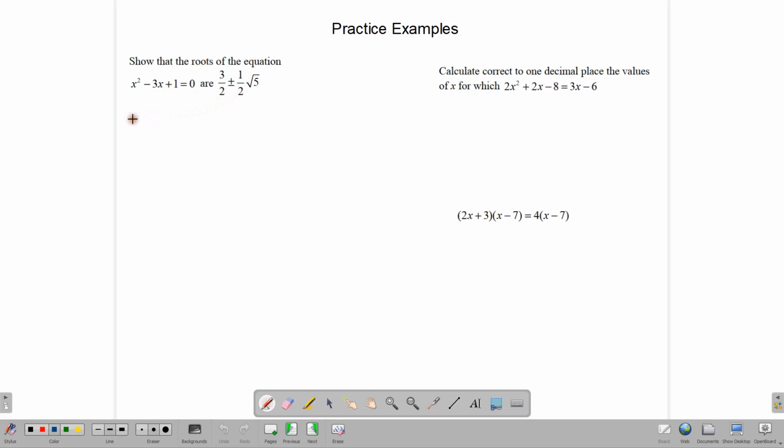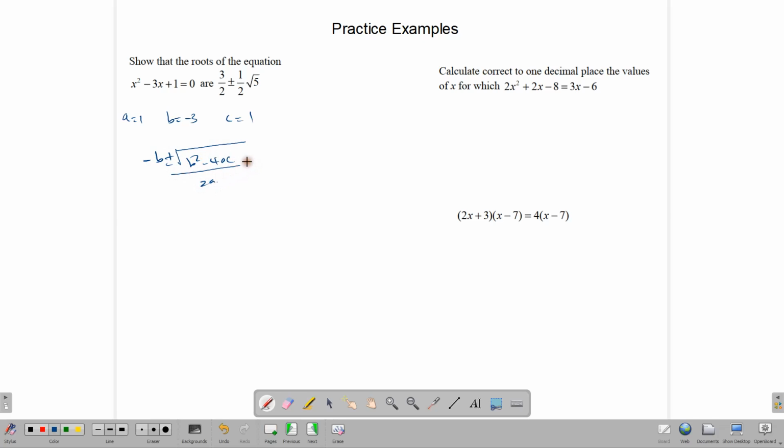Well, let's write down our values. The coefficient of the x squared, a, is 1. The coefficient of our b term is -3, and the coefficient of our c term, or constant, is 1. So we put those into the formula. The formula is minus b plus or minus the square root of b squared minus 4ac, over 2a.